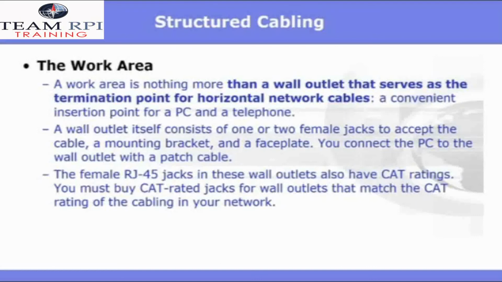Next, we have your work area. The work area is a wall that serves as a termination point for the horizontal cables. It really consists of nothing more than one or two female jacks to accept the cable, a mounting bracket, and a faceplate.